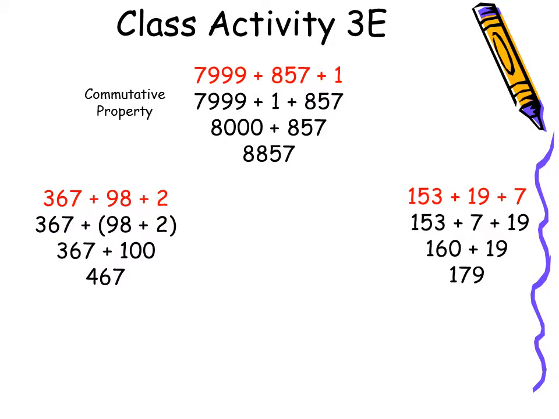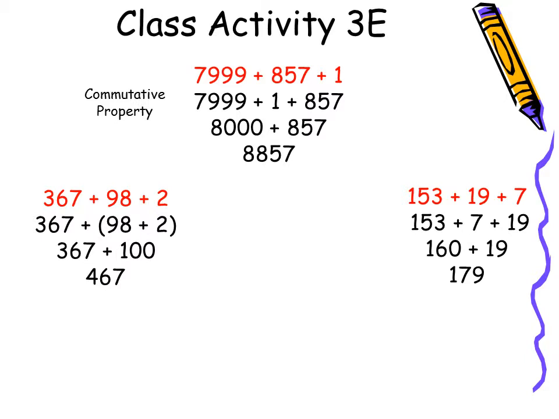Something very similar, well, actually a little different in this problem, the third problem you all had, 153 plus 19 plus 7. Of course, if I'm looking at 153 plus 19, those are not going to be necessarily easy numbers to add, but I notice I have a 7, and I know that if I add that 7 with my 153, I'll have an easier number of 160, so I'll use the commutative property to move the 7 next to the 153.